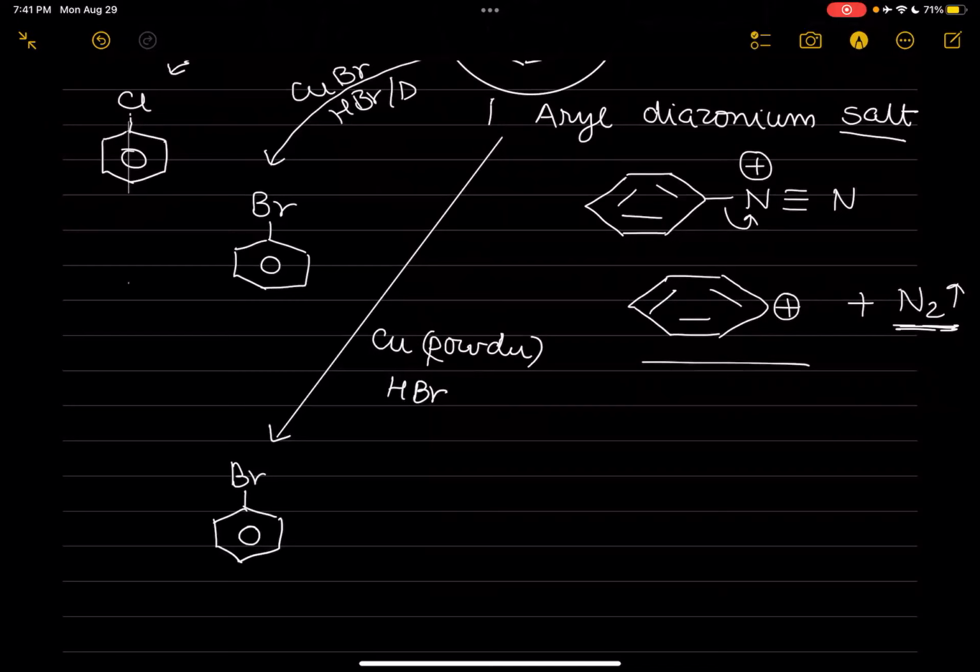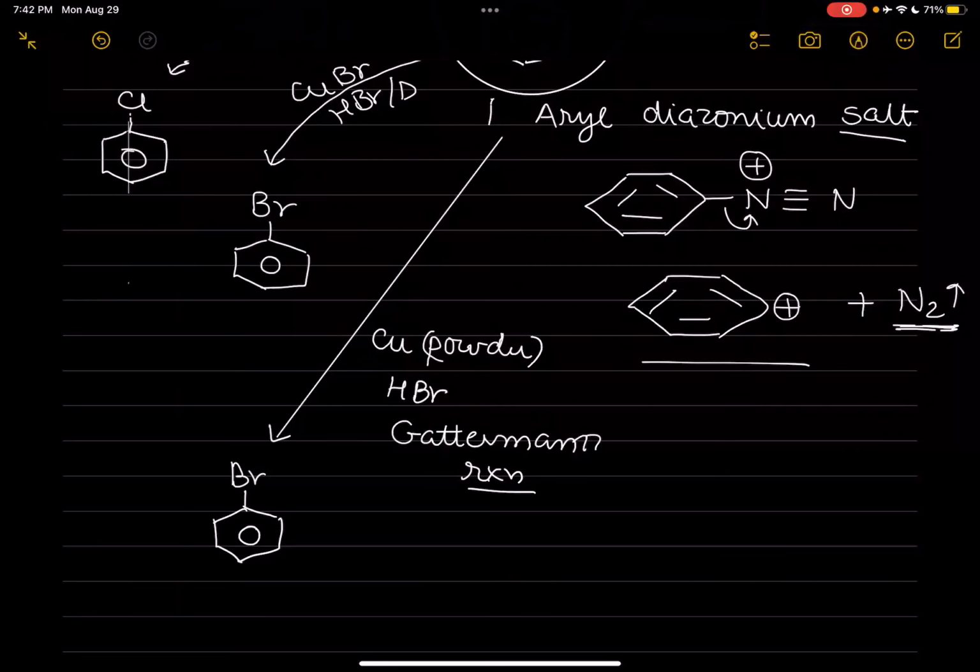But the name is different, it is Gattermann. Gattermann reaction. By the Gattermann method, if you want to prepare chlorobenzene, you need to take only copper powder and HCl.